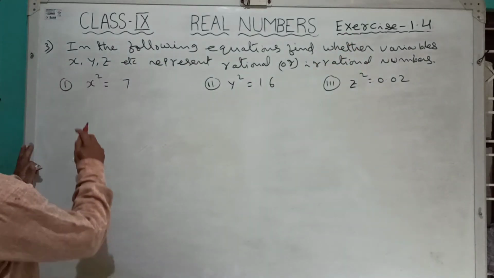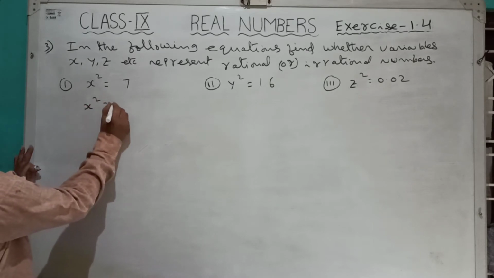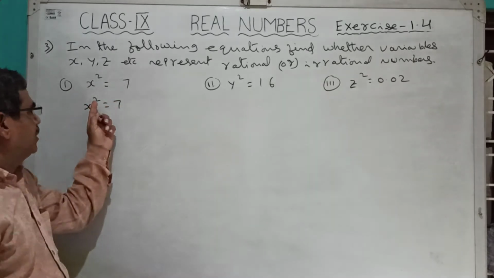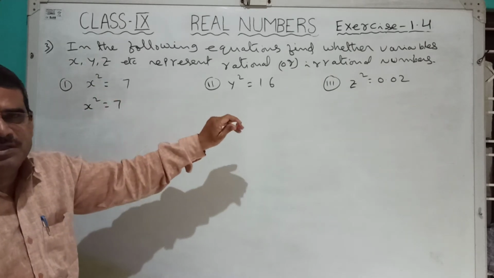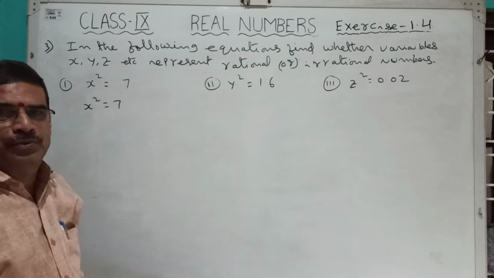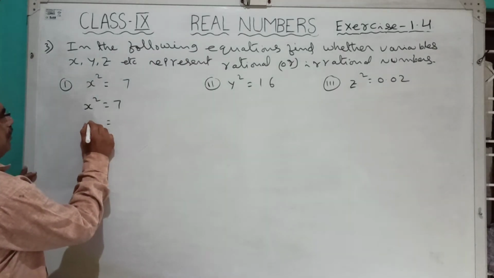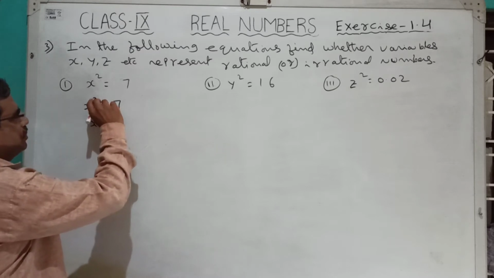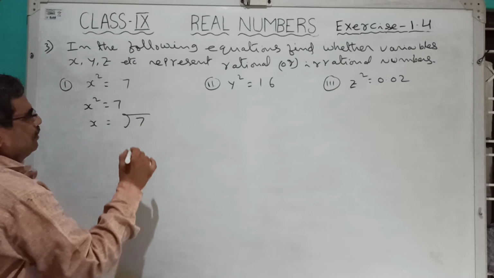So first one, x square is equal to 7. Here the exponent 2 is there, square. It will go to the right side, meaning it will become 1 by 2, meaning square root. So x is equal to square root of 7.